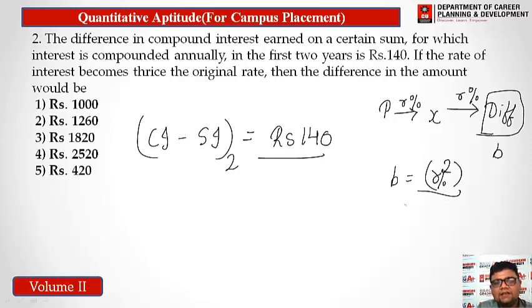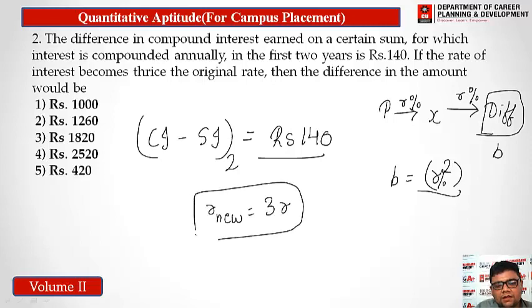We have taken R% square. So now the question is, if the rate of interest becomes thrice the original, the new rate is 3 times the original rate. Now we have to tell what the difference between the amounts would be.